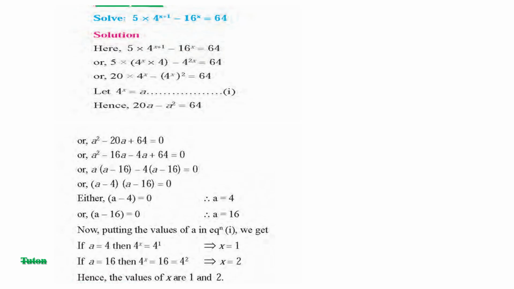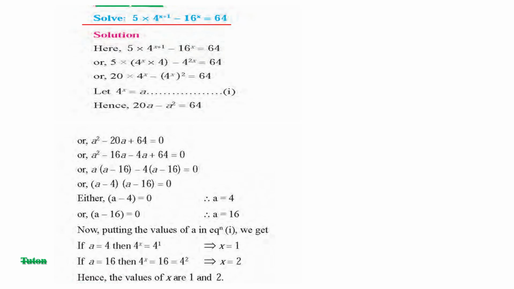Now moving on to this problem. Here we are asked to solve this equation. At a glance at this problem, it will be easier for us if we have the terms with the exponent having a base of 4.